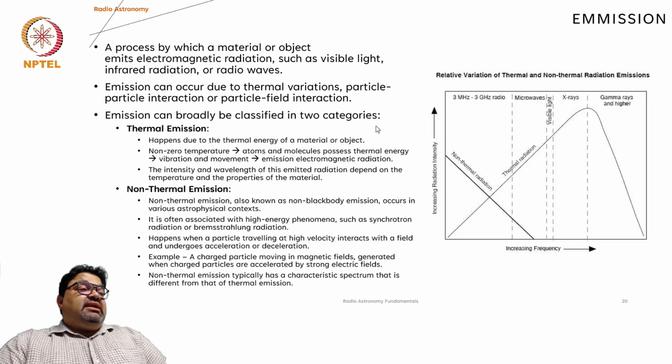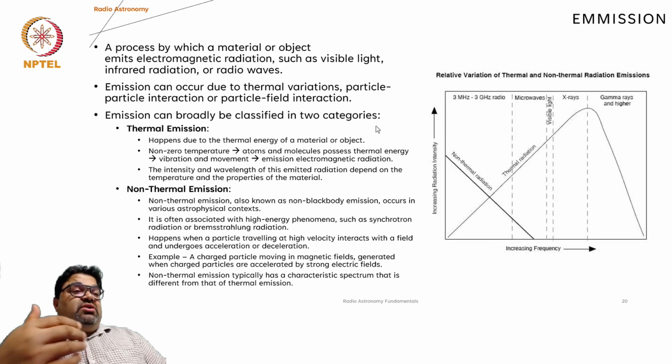Emission can be broadly classified into two categories: thermal emission, the blackbody mostly, which happens due to thermal energy of a material or object, and non-thermal emission because of different astrophysical processes. It is often associated with high energy phenomena such as synchrotron radiation, and so on.